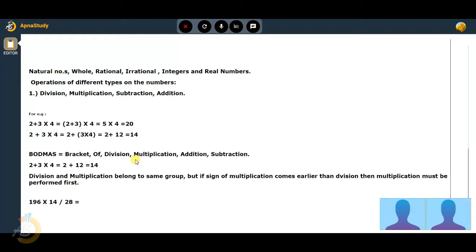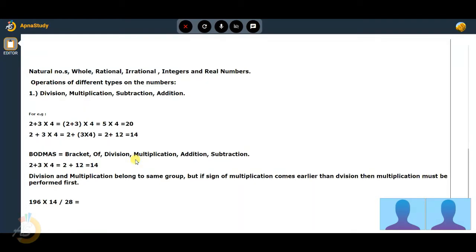You have firstly performed division. But I have taught you that you should perform multiplication first. You should perform 196 multiply 14 first, and then divide by 28, because the multiplication sign is coming before division. Yes, I'm wrong. No need of performing the calculation, I was just asking what method you would use.